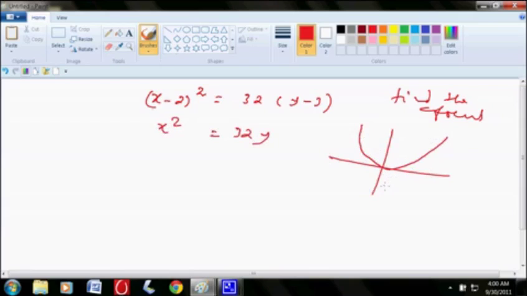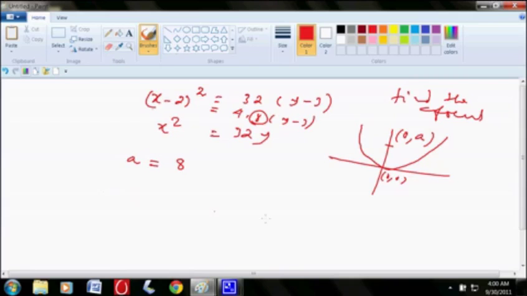This is the standard parabola that I'm always taking. This is the origin. Its focus is (0, a). So this 32 is 4 into 8 into (y minus 3). So this is your a. So this a is 8.